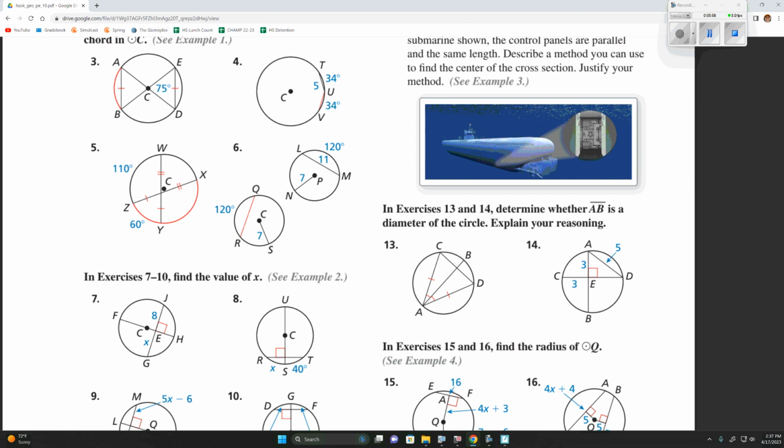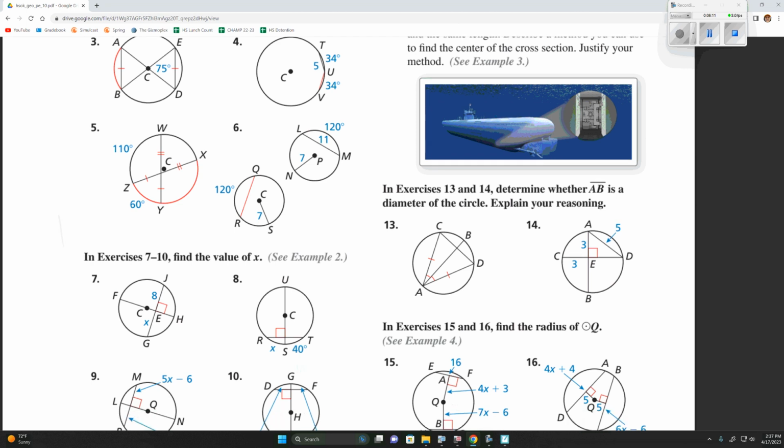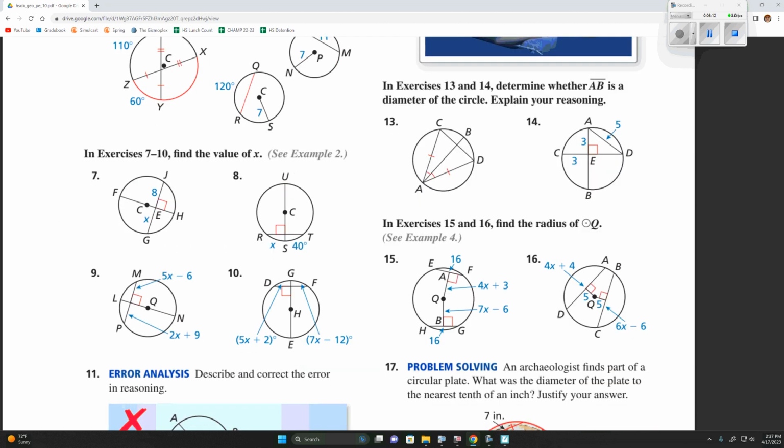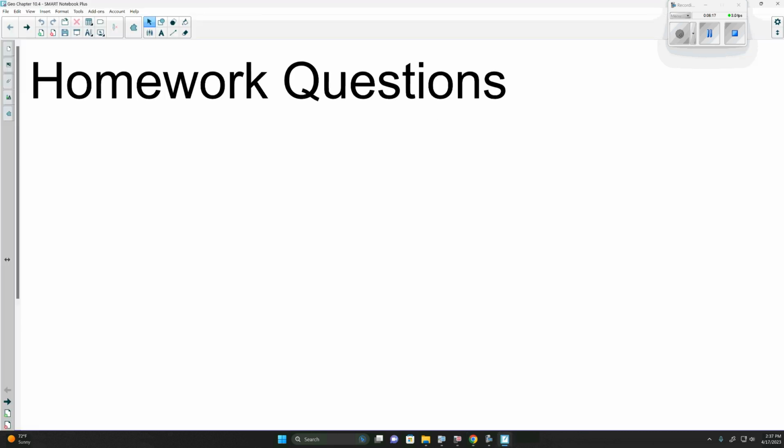Any other questions on these here? And just as a reminder, on 15 and 16, you are finding the radius, not just the value of x. So when we talk about the measure, we say measure of arc AC.